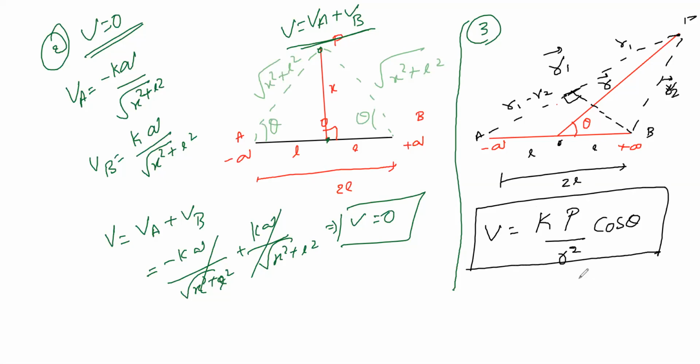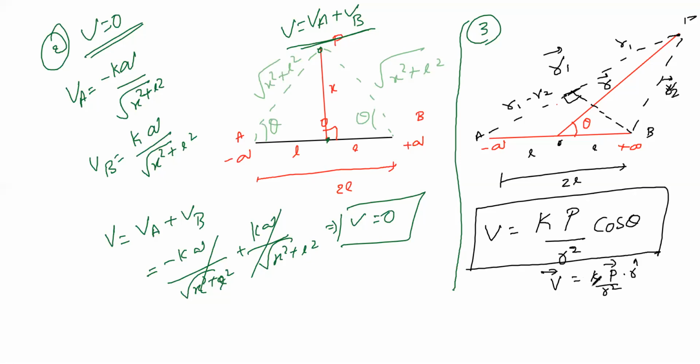Now with respect to the vector quantity, B vector is equal to k p vector r cap by r square. So this is your relation.